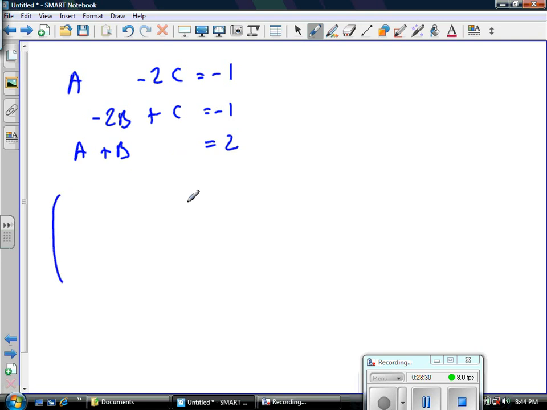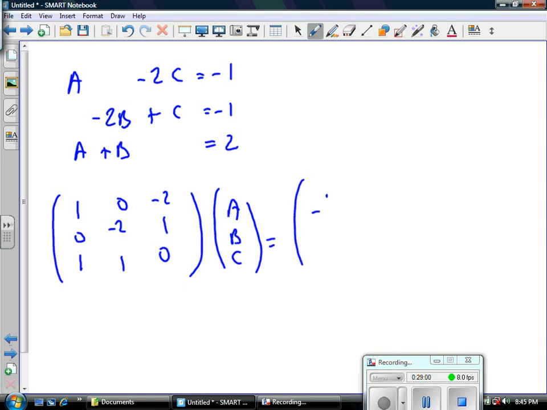I'm going to make a 3 by 3 matrix, simply including the coefficients. How many A's? 1. How many B's? 0. How many C's? Negative 2. How many A's? 0. How many B's? Negative 2. How many C's? 1. How many A's? 1. How many B's? 1. How many C's? 0. Times A, B, C equals negative 1, negative 1, 2.